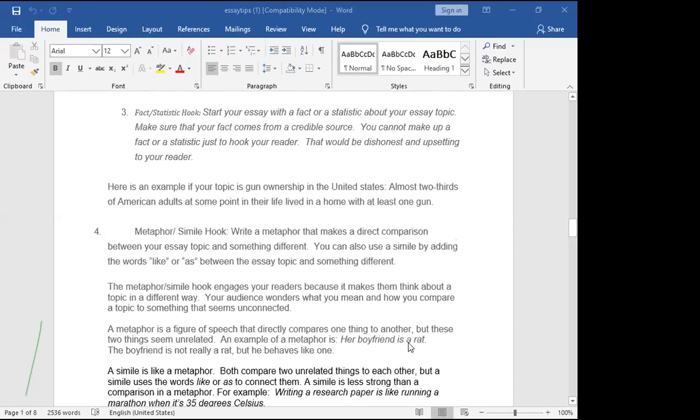Your audience wonders what you mean and how you compare a topic to something that seems unconnected. Where you are saying, the place looked as if it was a paradise and blood is spilled all over, that does not work. So next, a metaphor is a figure of speech that directly compares one thing to another, but these two things seem unrelated.